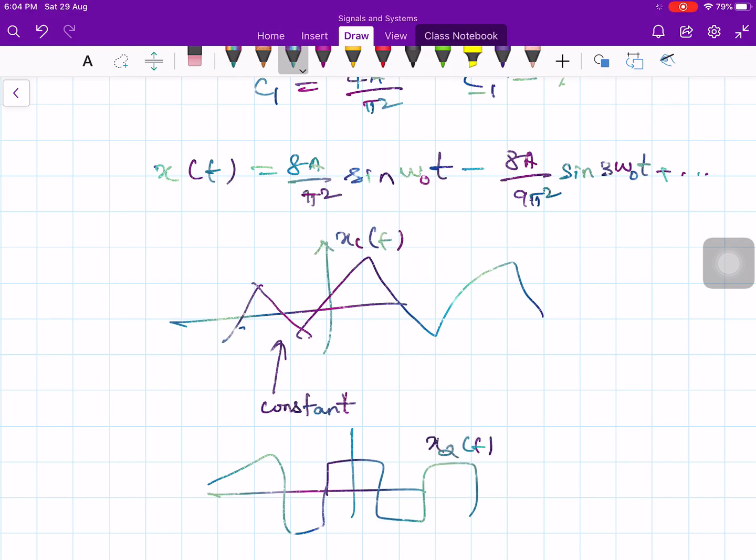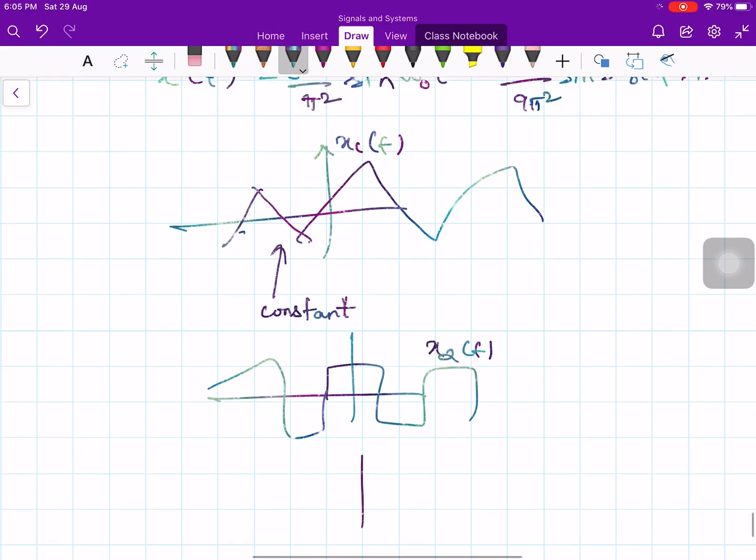Therefore the DC term you have to calculate from the original function, not from the derivative function. So other than the DC term you can calculate Cn from the derivative terms, where n not equal to 0, but C0 we should calculate from this waveform only.